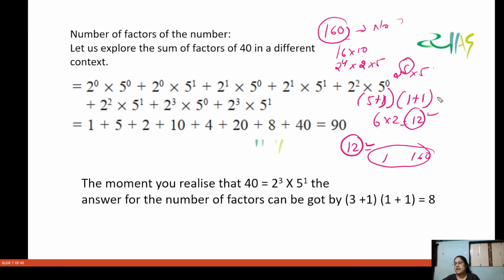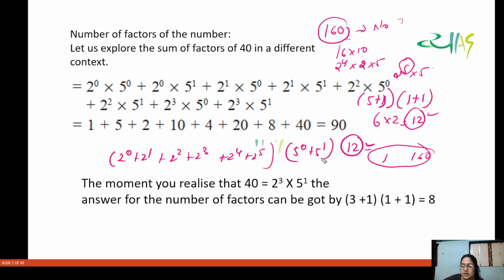And obviously now you can find the sum of the factors of 160. How? You will do 2 to the power 0 plus 2 to the power 1, plus so on, 2 to the power 2, 2 to the power 3, 2 to the power 4, 2 to the power 5. And then you will do 5 to the power 0 plus 5 to the power 1. For this you are going to get 6.